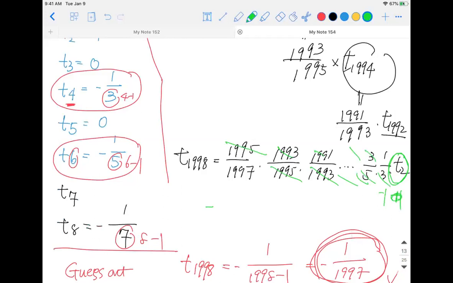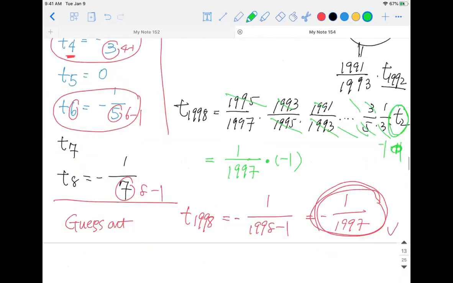So this is going to be 1 over 1997 times minus 1. This is exactly the same thing you have here. Is that right? The same problem, we have two ways. They're both correct. Either you guess or you do the rigorous way. It doesn't matter. So far, so good?